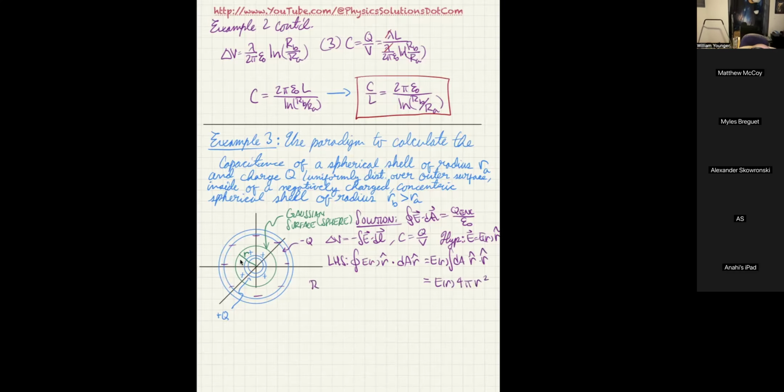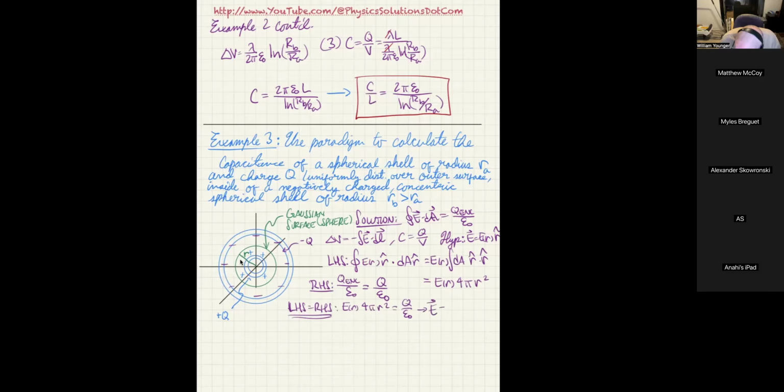The right hand side is Q enclosed over epsilon naught, and notice the Q enclosed was actually just plain positive Q. So I'm going to put this as Q over epsilon naught, and now you can see if we write left hand side equals right hand side, we have E of R times 4 pi r squared is equal to Q over epsilon naught.